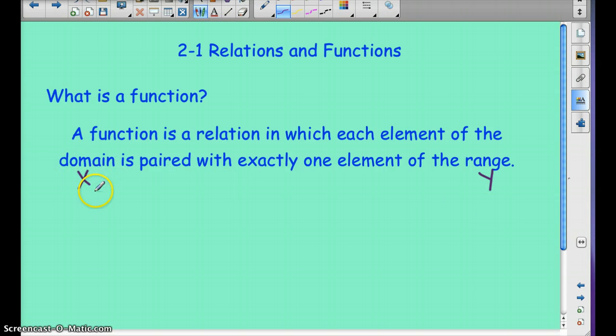Domain can also be independent variables and the range will be the dependent variables. And we'll talk about that more as the chapter goes on. But you have to know what a function is, meaning that one element of the domain is paired with exactly one element of the range. And I'll show you some examples on the next slide.